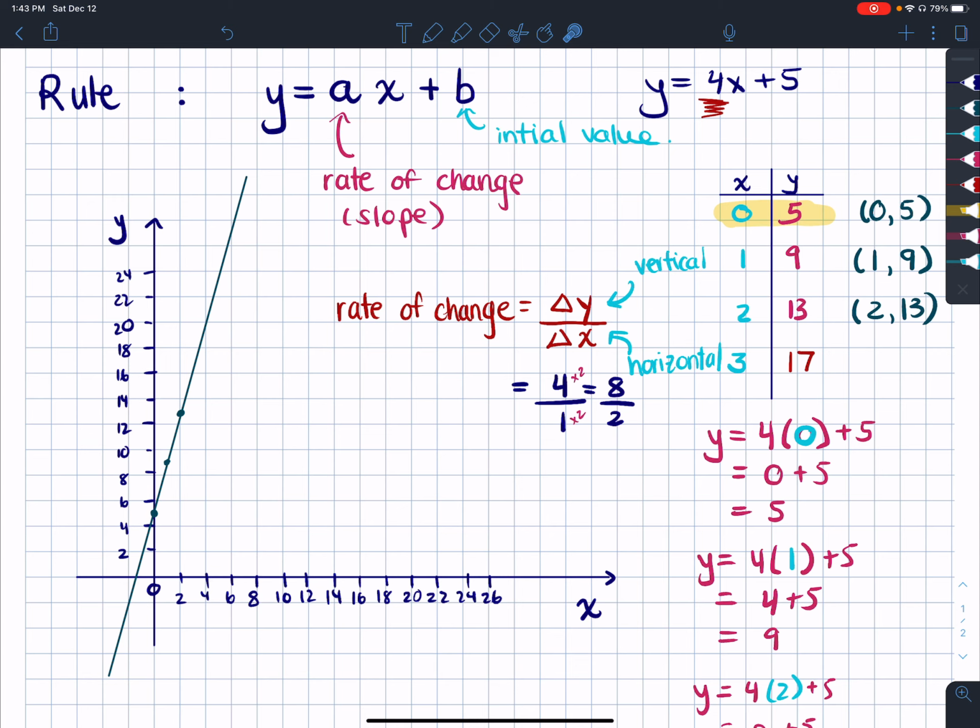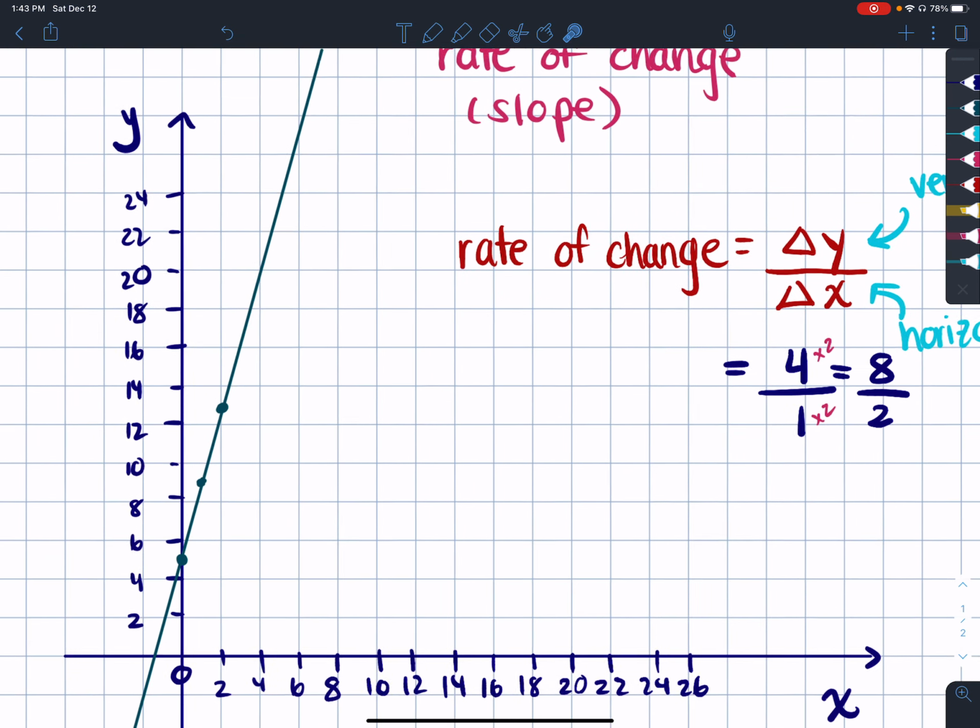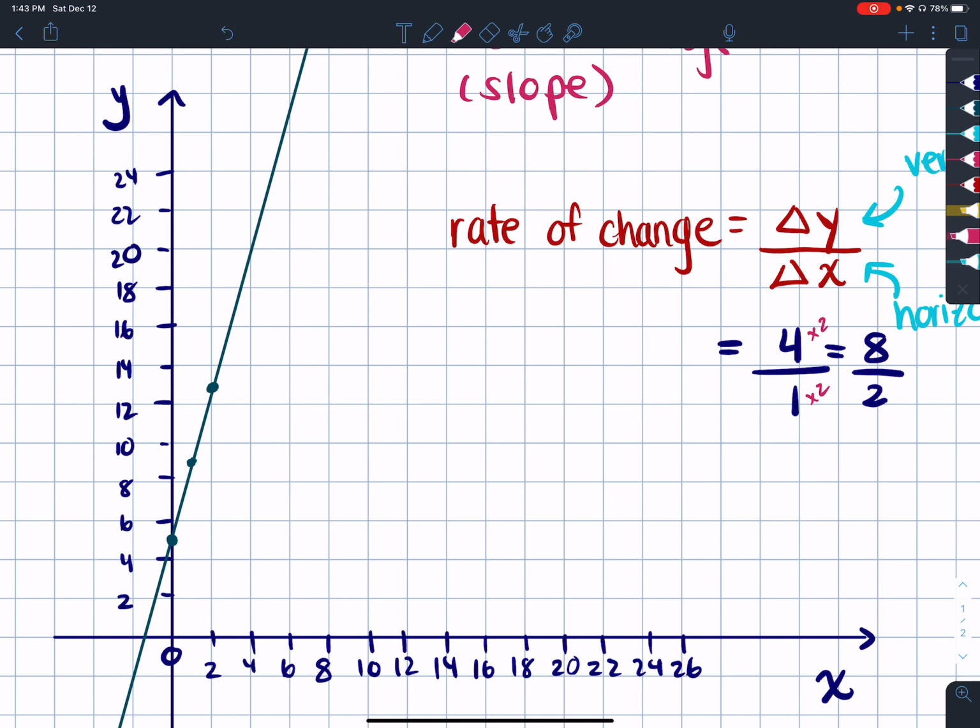And you'll see why I'm deciding to write it as a fraction, because it makes a little bit more sense when you visualize it as the vertical change over the horizontal change. So we're going to zoom in right over here, and I'm going to focus on these 2 points. So this point and this point. On these 2 points, I have gone across by 1. I don't want the arrows in both directions because I've gone from left to right by 1.